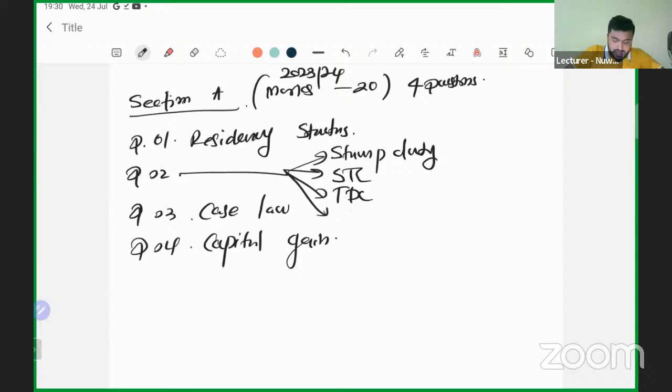Any of these areas can be tested this time. Keep in mind the SSCL, social security contribution levy, is also possible to be tested.